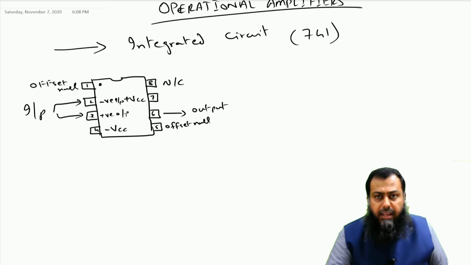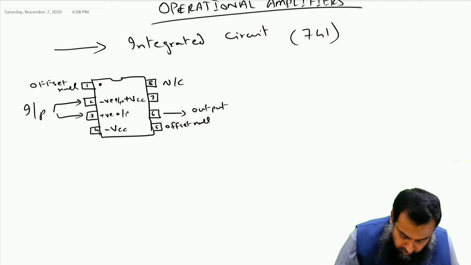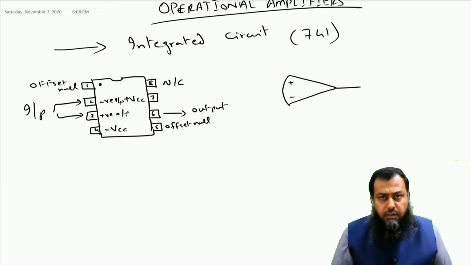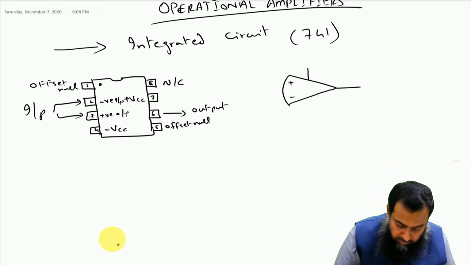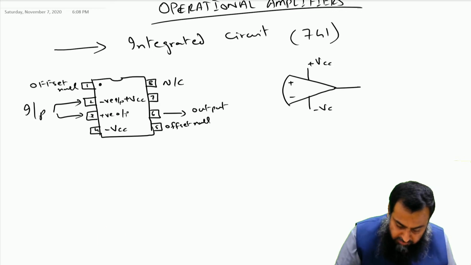Now, like every element that we have studied so far, the operational amplifier has a symbol that is used in all the diagrams and circuits that we are going to study. Usually in some older books you might see symbols like this one as well, where we have this one positive, this negative, and here we have the output available. Most of the time in numericals you might not see these two pins which represent the biasing supply, plus VCC and minus VCC.